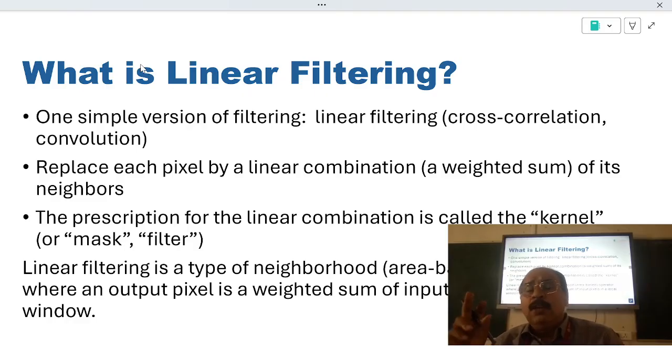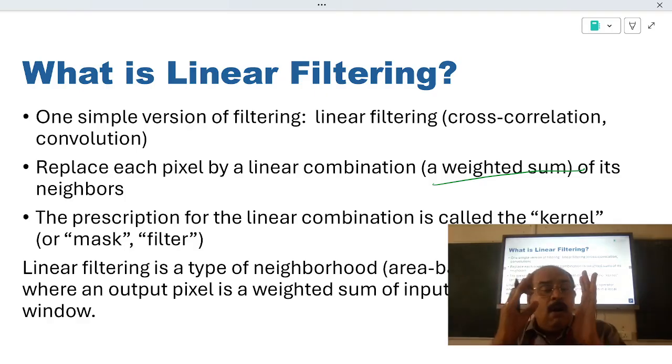In linear filtering, we are replacing each pixel by a linear combination, a weighted sum, something like an average, of its neighbors. And we use something called a kernel. You have an image, you do some kind of processing and you get this output.